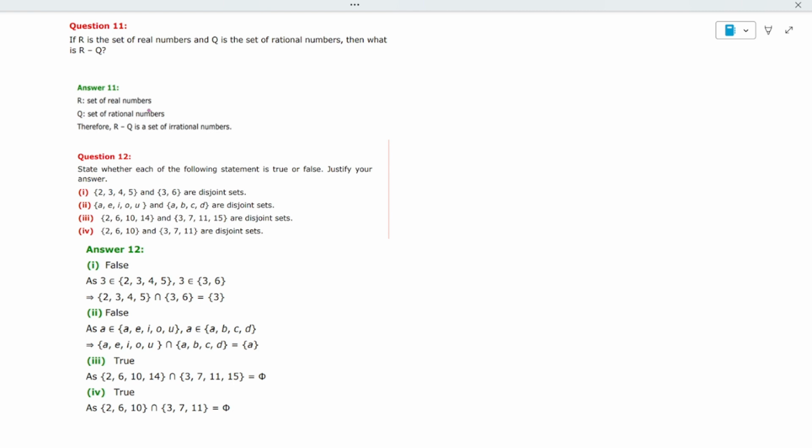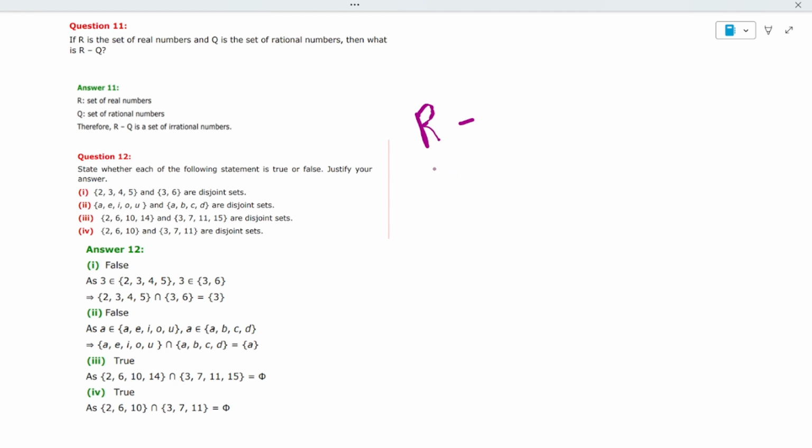Let's take the sets R and Q as an example. R they have given as real numbers. Real numbers are nothing but all the numbers that are there. It may be rational, irrational, whole number, natural number, all.